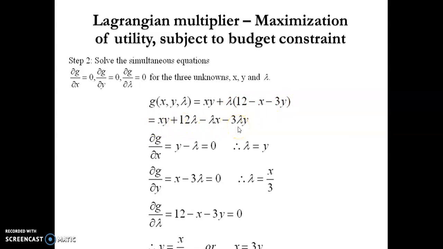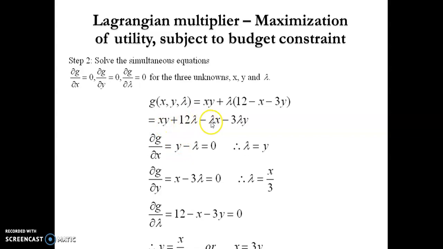The next step is to get the three first order partial derivatives of this function. First, the partial derivative of this function g with respect to x, treating y and lambda as constant. If I differentiate this, I'm just left with y. There is no x over there.